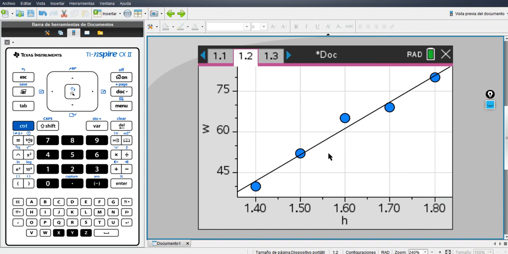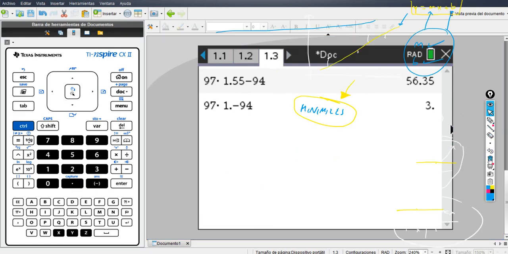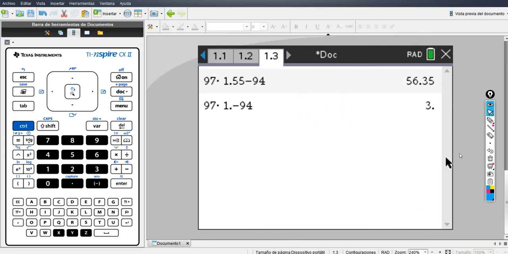I don't know how it got erased. Well, never mind. Can we go backwards, right? Let me use my pencil instead. So what was it? It was y equals 97 times x minus 94.